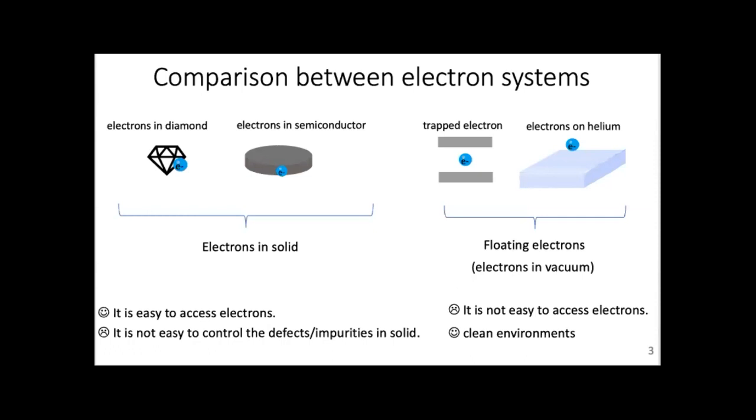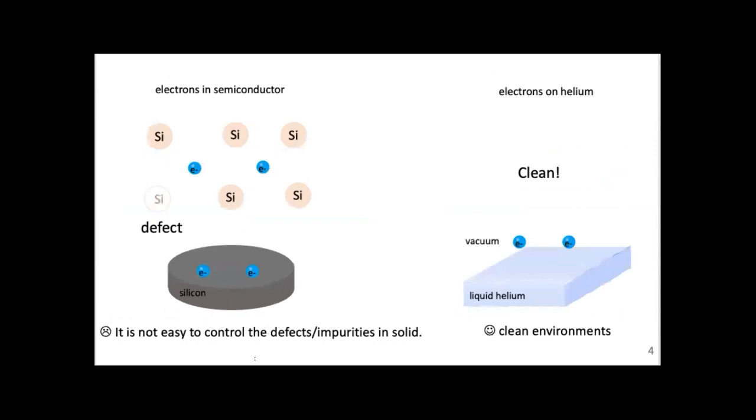But what is the advantage of using electrons on helium as a qubit? Why do we want to try to use them? Electrons exist in vacuum, which means that we do not have any defects or impurities around them. So it is a very clean system. We can expect a long coherence time. Let me explain more about what I mean by the system being clean.